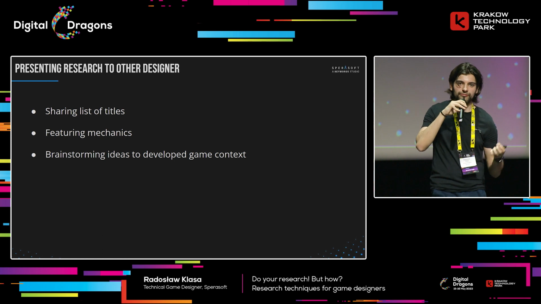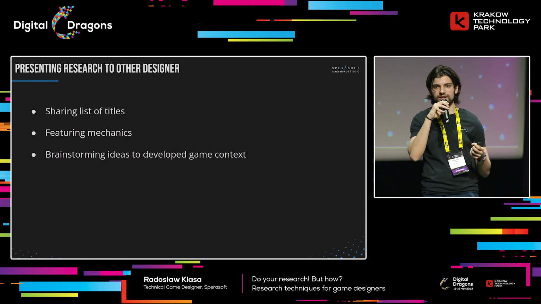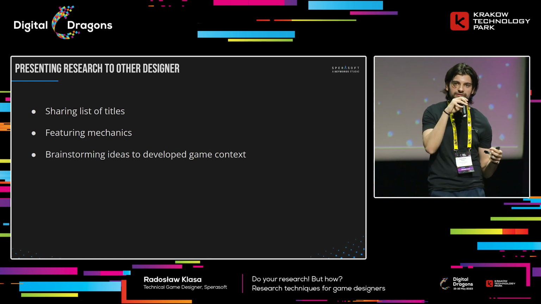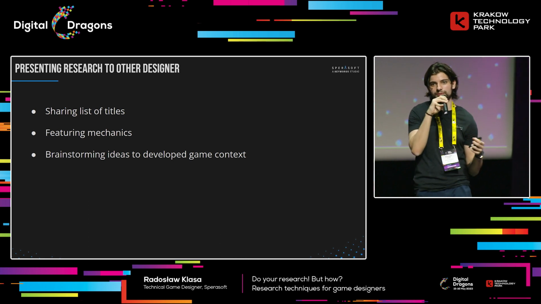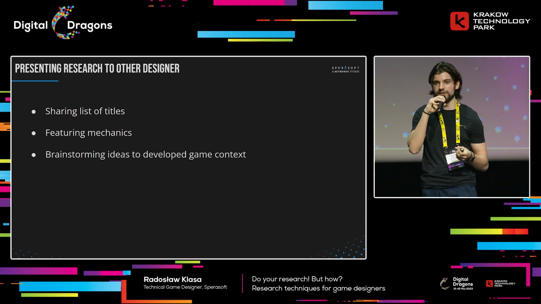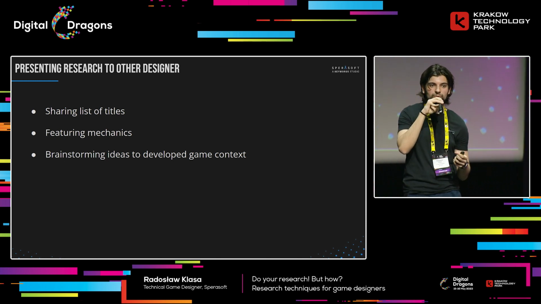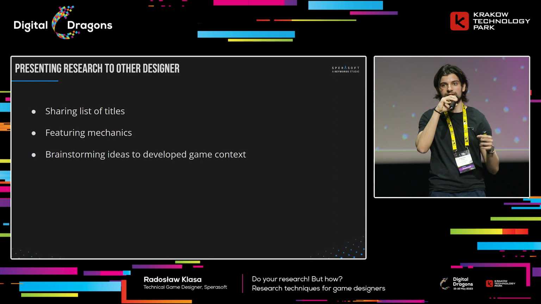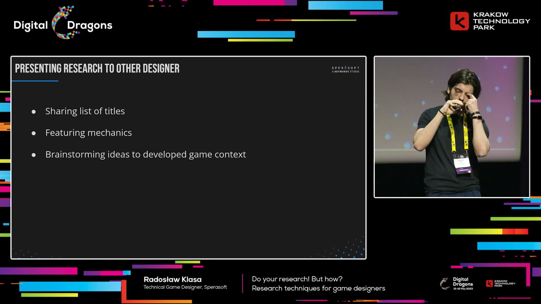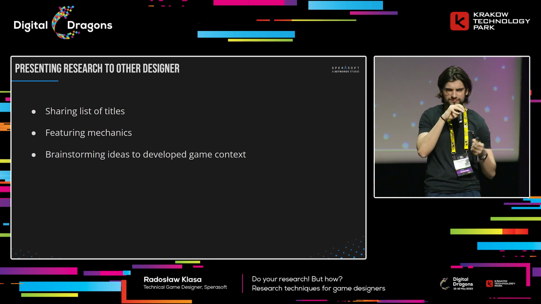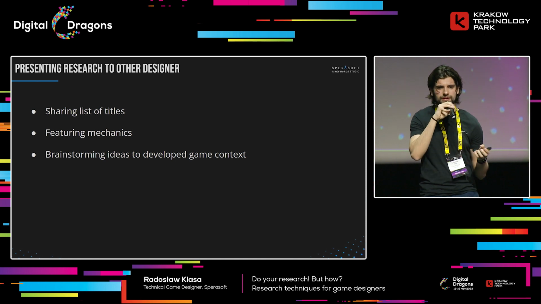And going with the basic titles and the pool of different references, we can just start to brainstorm how it can be done in our game. So we have the list of titles that was cool here. Here it wasn't so cool, so maybe we can get this one mechanic from another game, and that way we're going to find something new.